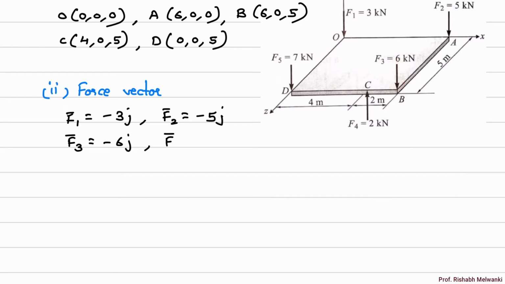The fourth force vector F4 is acting in upward direction. So plus 2J. And the last one, F5 vector, force is acting in downward direction. So minus 7J. Next, we will write down position vector.